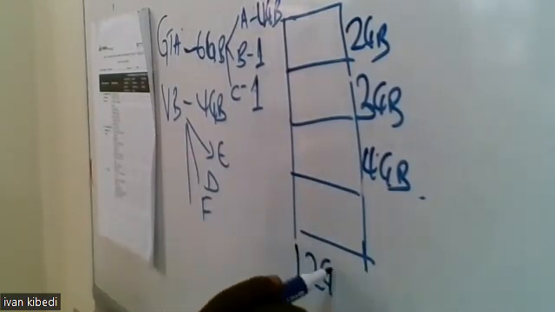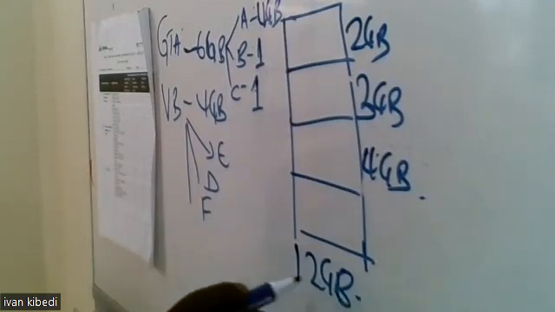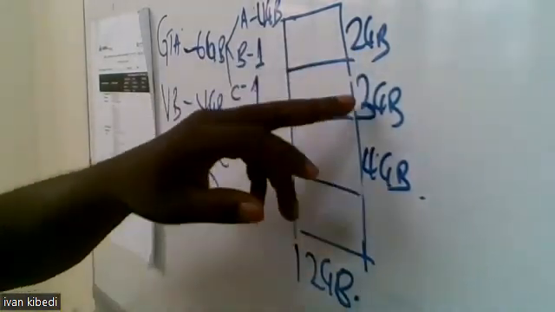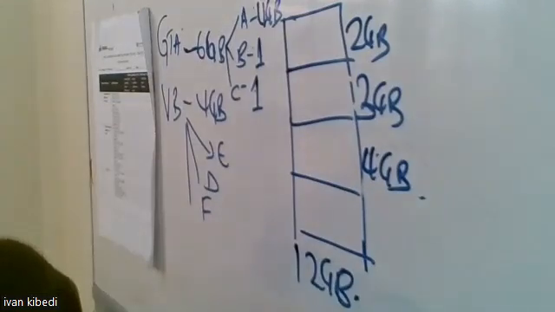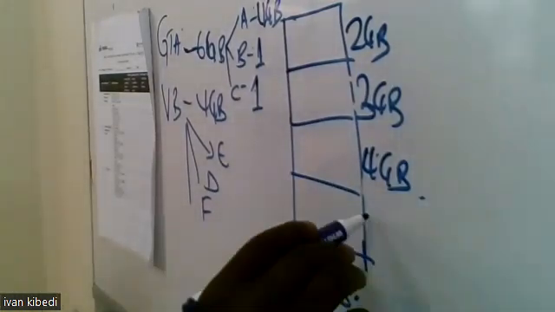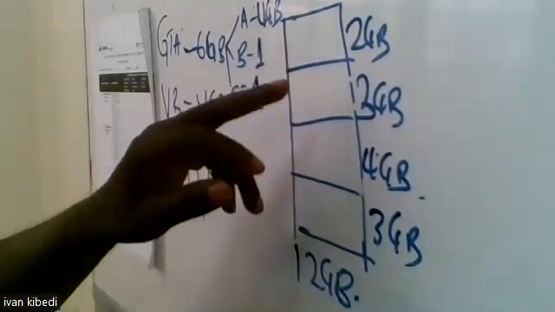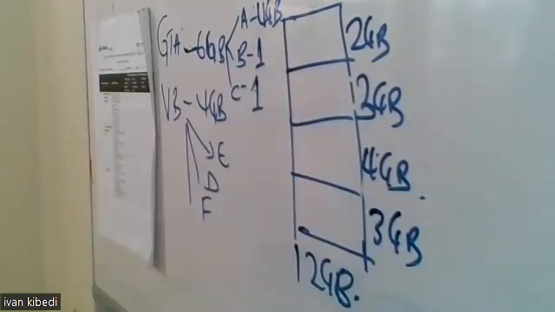Remember, our memory is 12 GB in total. This is the total size of our memory. Now this is 2 GB, 2 GB, 3 GB, that is 5, 4 GB, that is 9, and then here 3 GB. Which means now the operating system must split the memory into sections. But these sections have got different sizes.